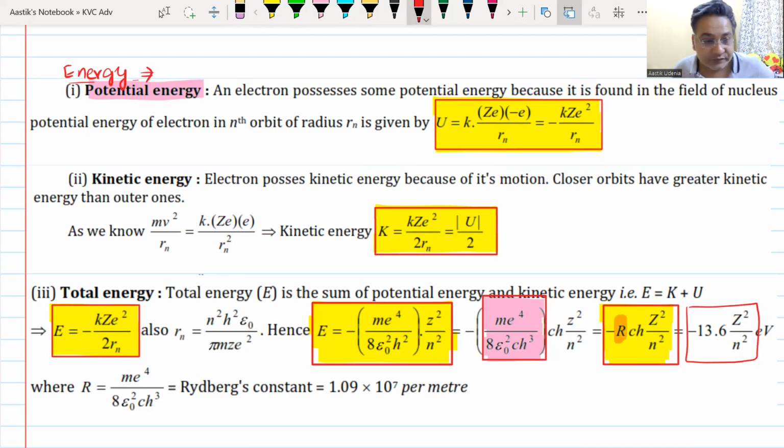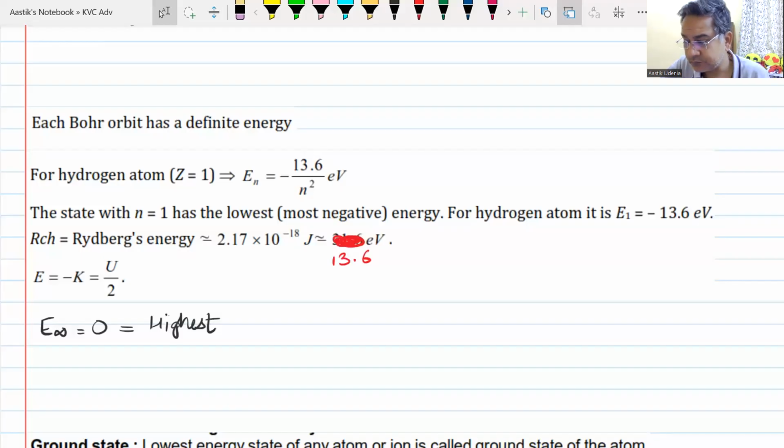Yes, sir. You have 2 minutes to note this down. Now, some points that you have to remember, understand. Each Bohr orbit will have a definite energy. For hydrogen atom, Z is 1. Energy will be minus 13.6 divided by N square.